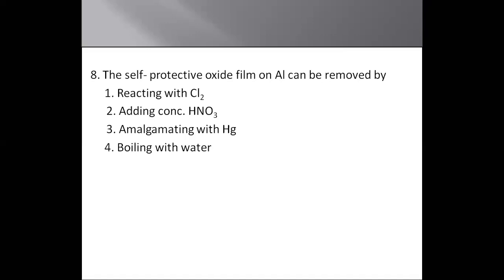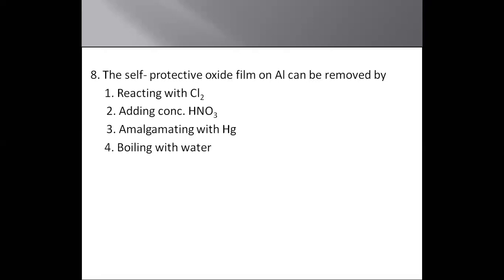As I have said already, adding concentrated nitric acid makes the aluminium passive, because once the oxide layer is formed, there is no reaction with nitric acid. Reacting with chlorine interferes at the time of formation of the oxide layer, but after its formation, there is no reaction with chlorine. Boiling with water also doesn't work.